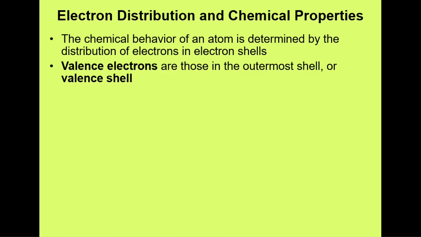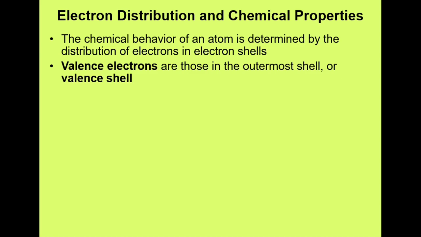When we look at the distribution of electrons around the nucleus, we see that they tend to fit into different levels, or what we refer to as shells. And we have these electrons that we refer to as valence electrons, and those are in the outermost shell.